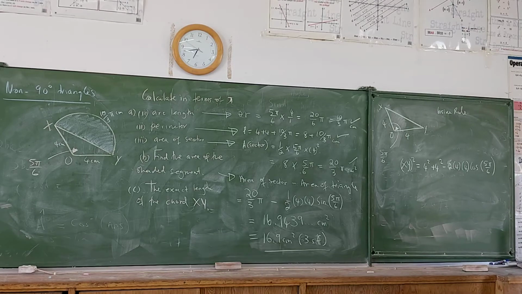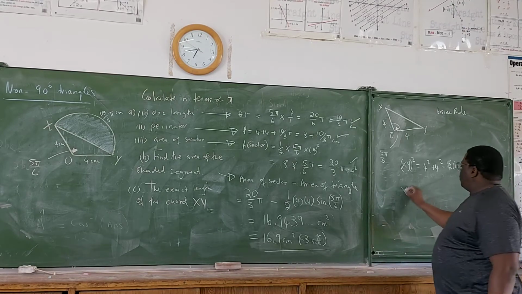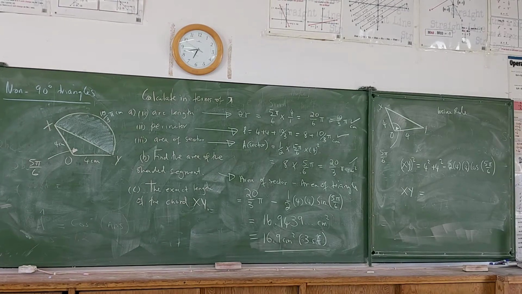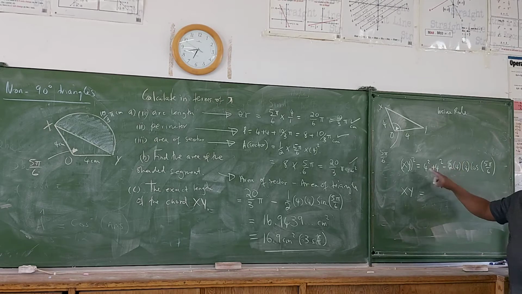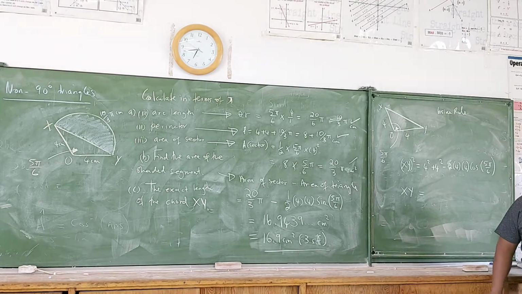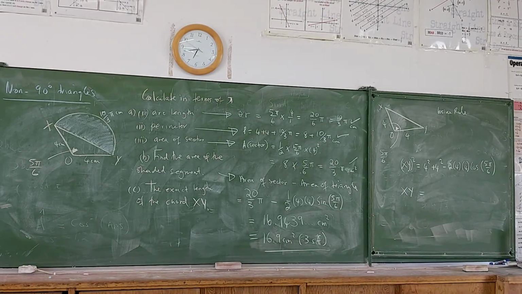Get me that answer and put it under the square root to give me the value of XY. I want you to calculate this at least up to 4 decimal places. You can punch it in as it is here, then press square root, then answer, equal. Please make sure your calculator is in radian mode.